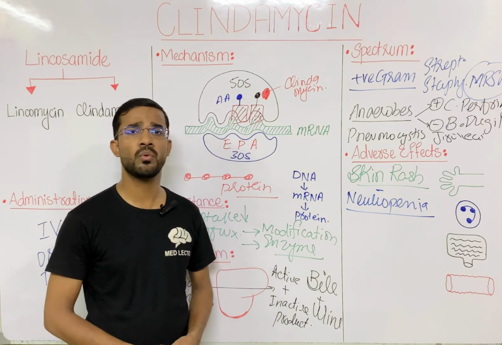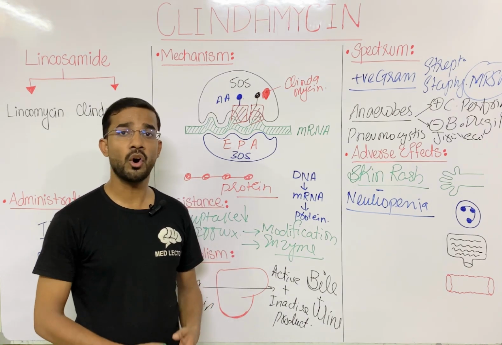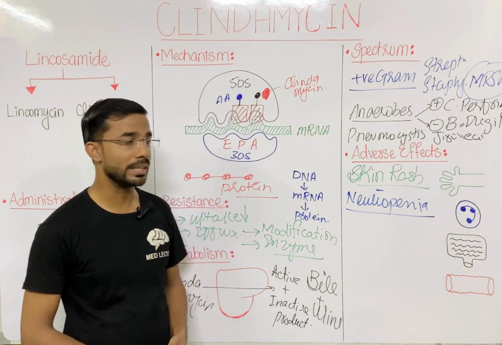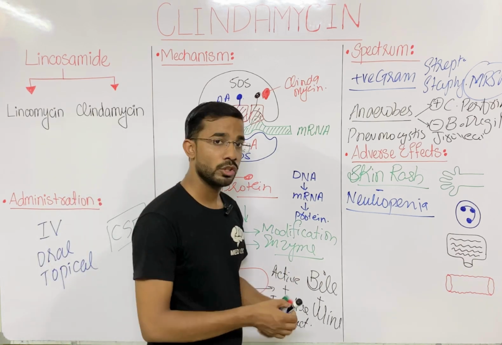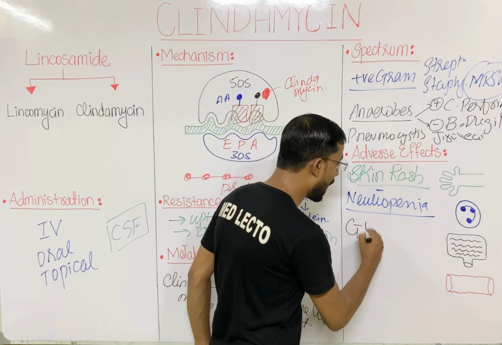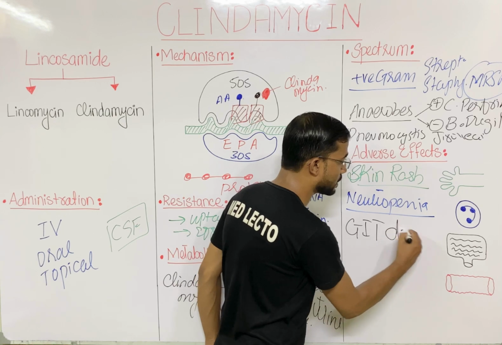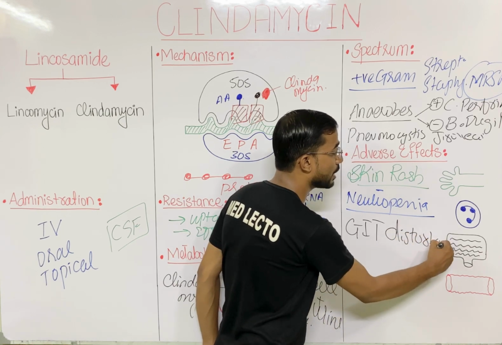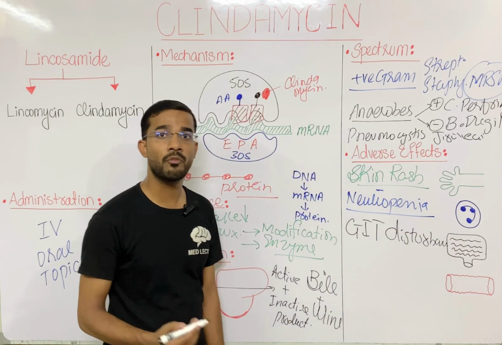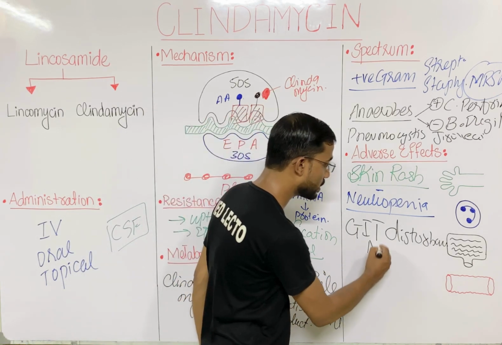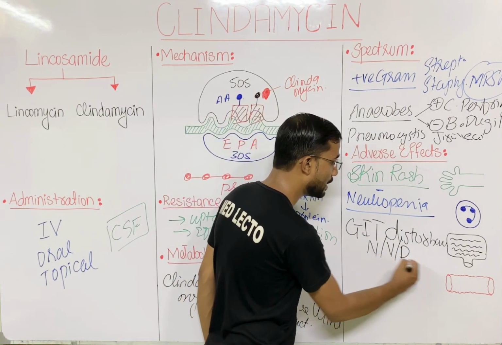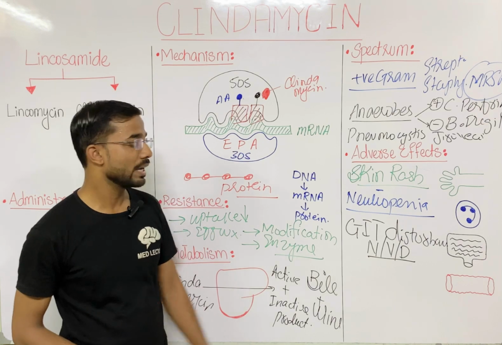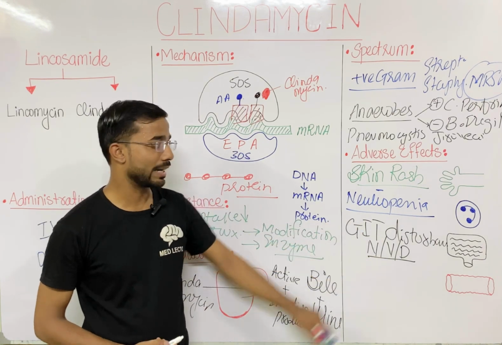In the CBC you will see the low neutrophil count of the patient. And you can also see the GIT disturbance, like nausea, vomiting and diarrhea. So nausea, vomiting and diarrhea are basically the important GIT disturbances in that case.